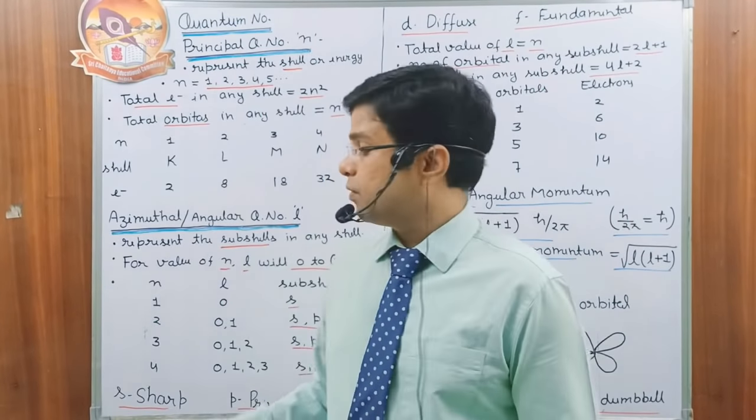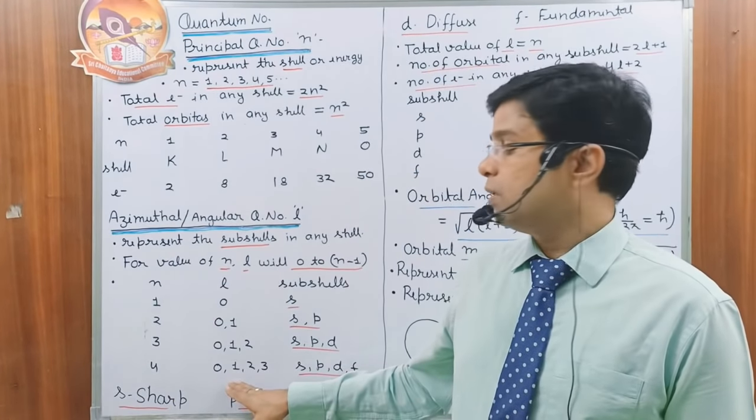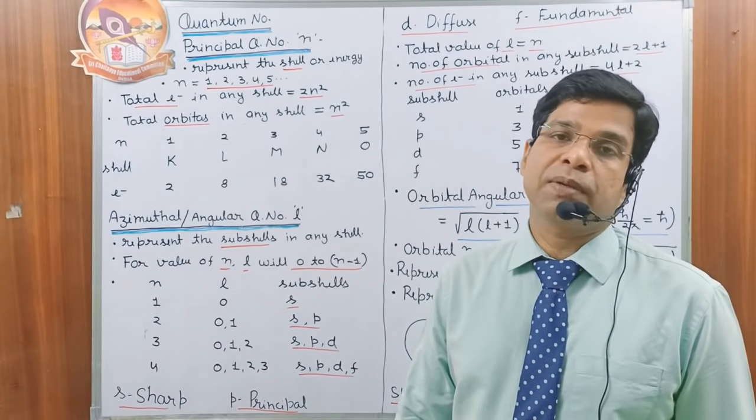So the fourth shell is made up of s, p, d and f subshells.